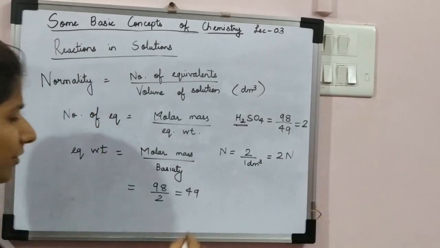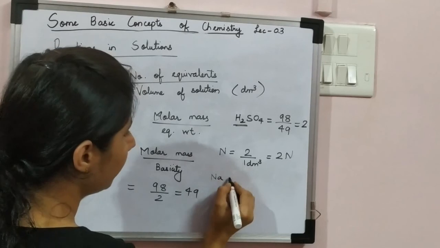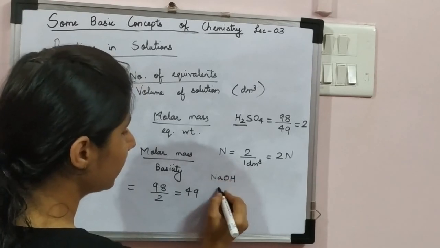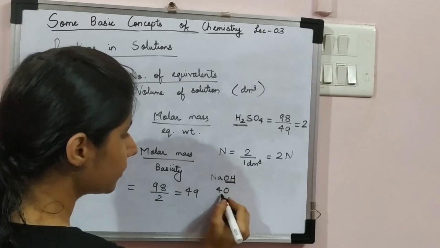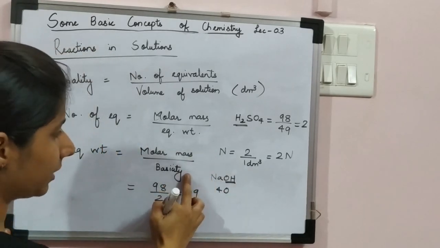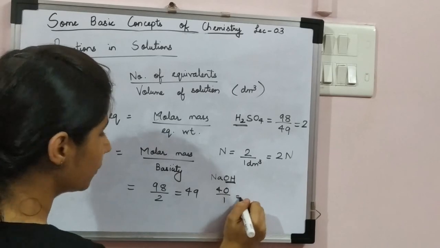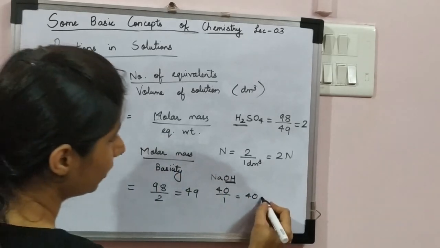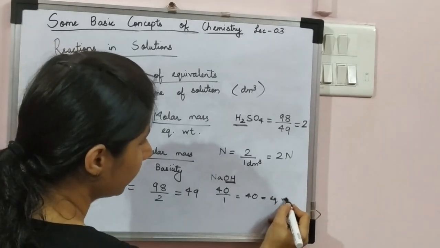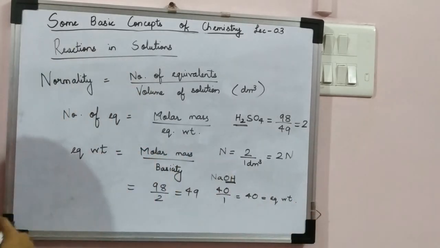Now let's say it is NaOH. The molar mass of NaOH is 40. Now what is the number of replaceable H plus ions? 1. So molar mass upon 1, the equivalent weight comes out to be 40. So 40 is the equivalent weight of NaOH. Now what would be the number of equivalents for NaOH?